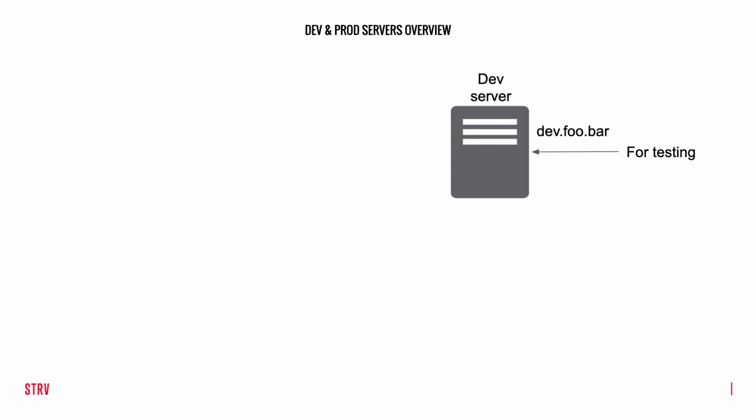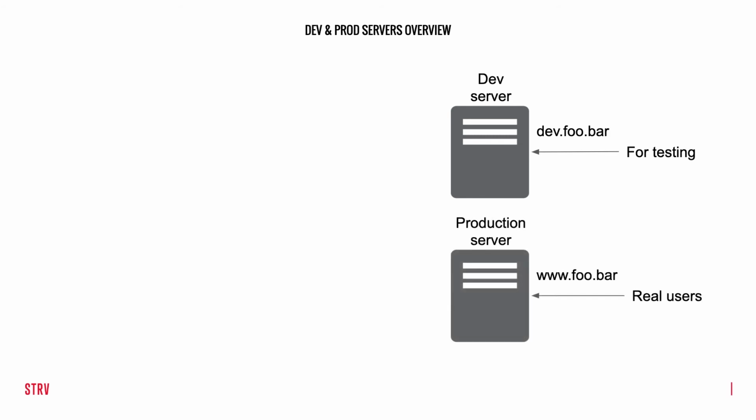If you don't, then you're in a lot of trouble. So we'll have one development server, which will have a different URL than the production one. It's meant for testing: QA, designers, your clients, whoever wants to see what feature A looks like before going to production will go here and check it out.